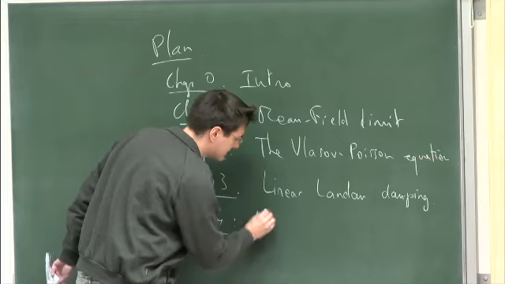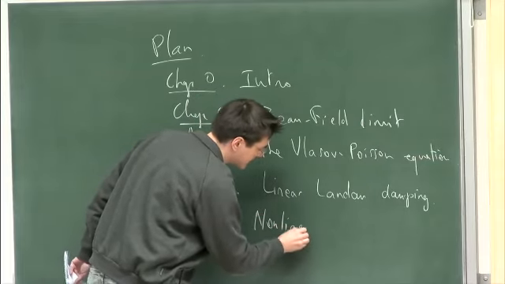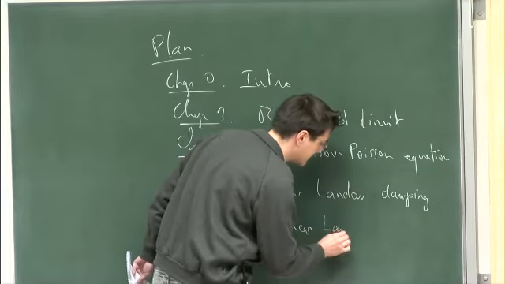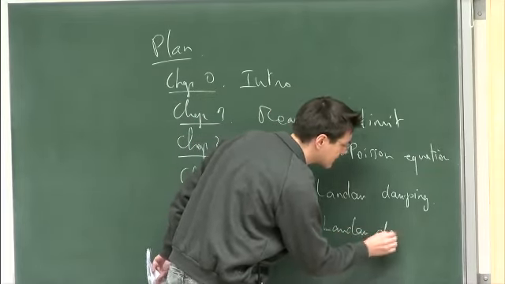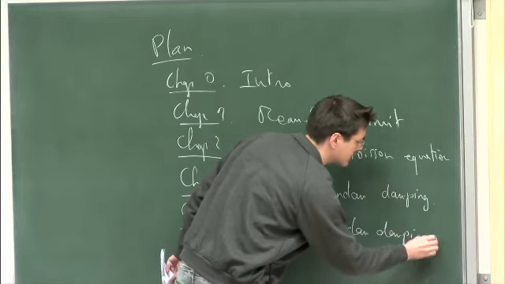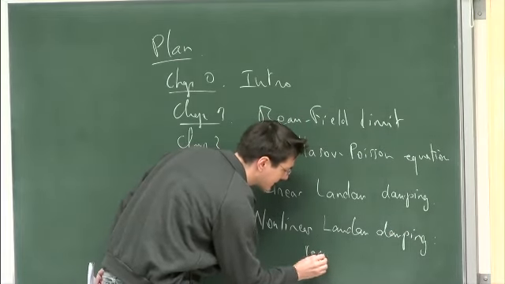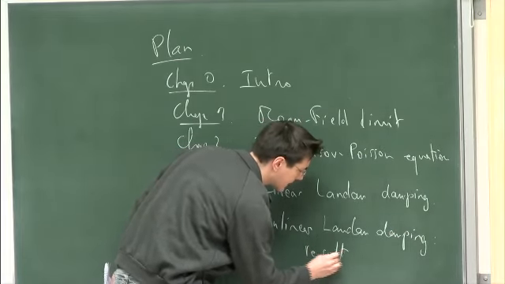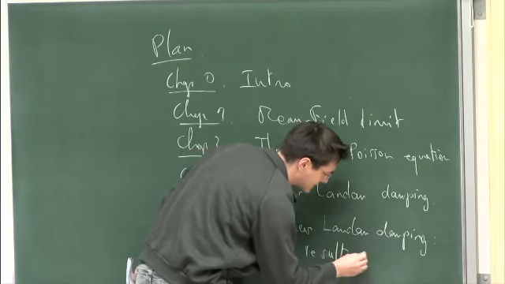And now we are in the nonlinear Landau damping section, which is about result and strategy, let's say, or global strategy.